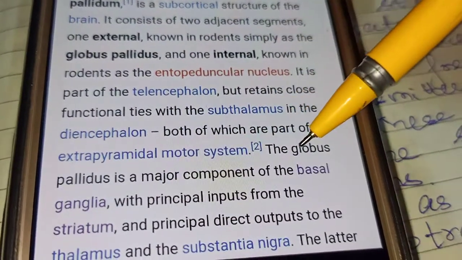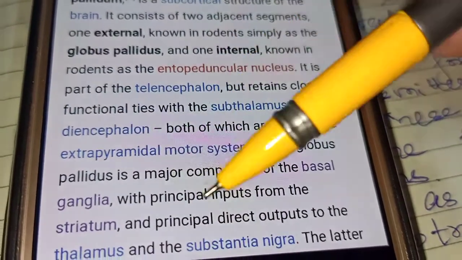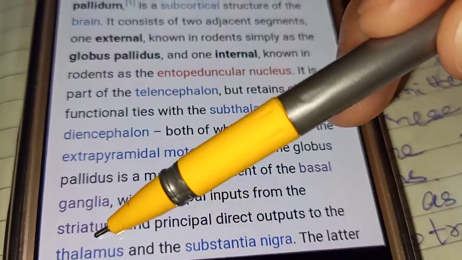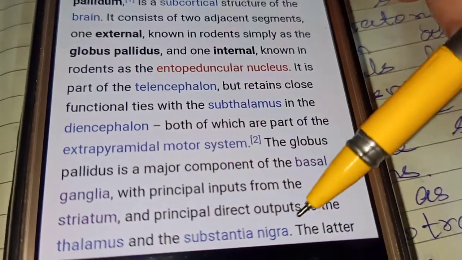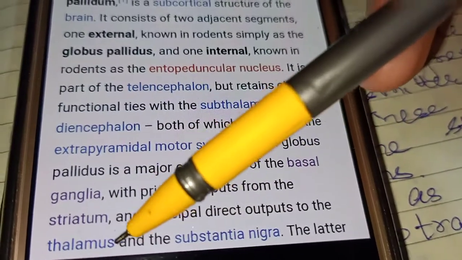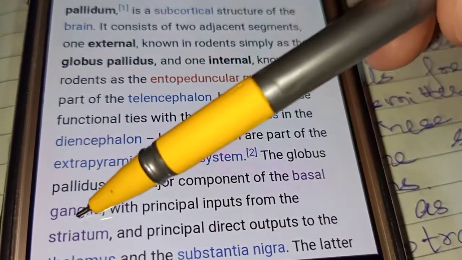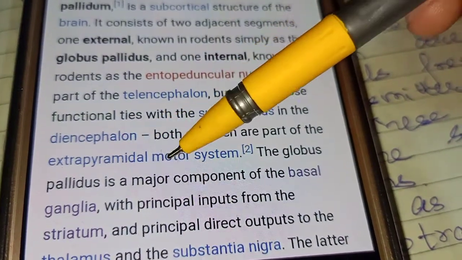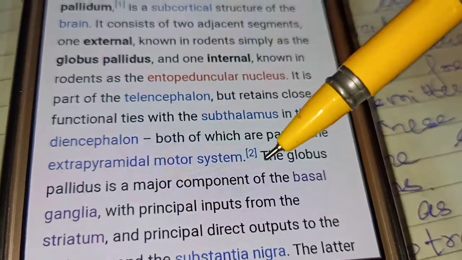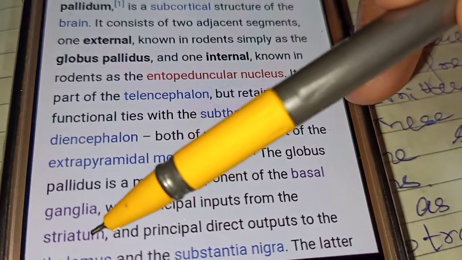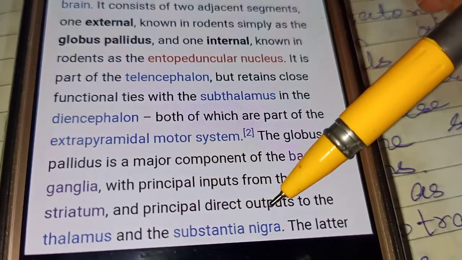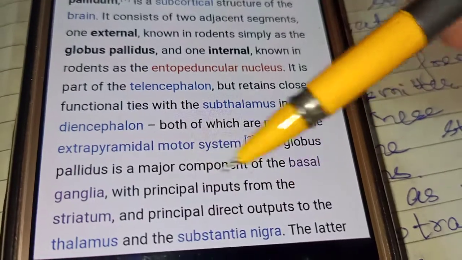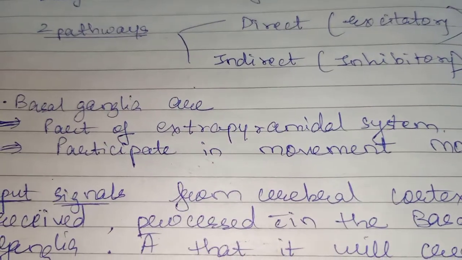So what they are saying is the globus pallidus receives the input signals from the striatum, and from the globus pallidus there will be output signals that go to the thalamus and substantia nigra. We'll study the pathway later on.